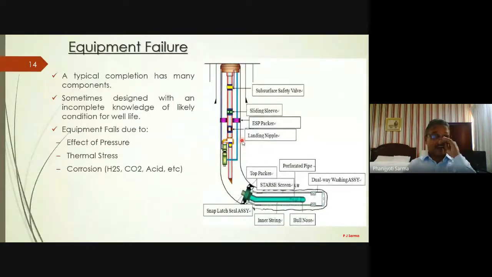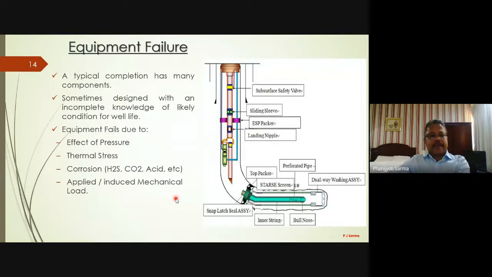Corrosion is another aspect. Formation fluids consist of some corrosive fluids like hydrogen sulfide, carbon dioxide, and sometimes while treating the well, we use some corrosive fluid like acid. So the equipment fails because of that corrosion.